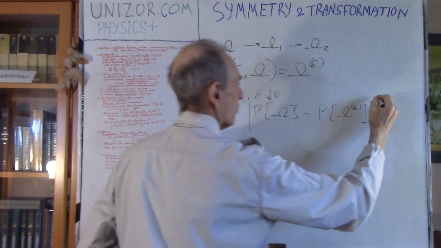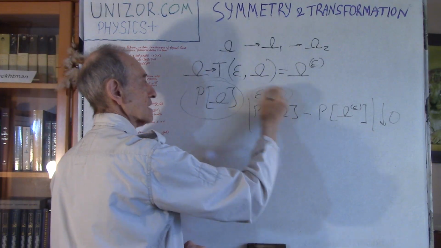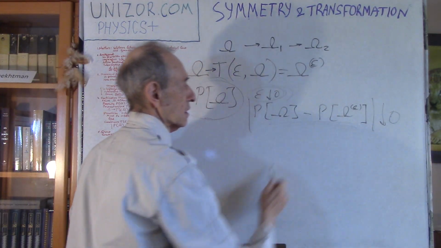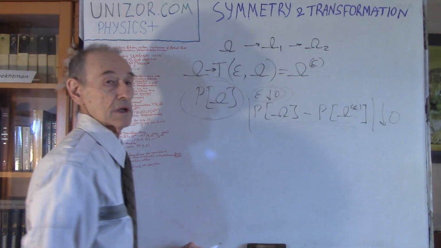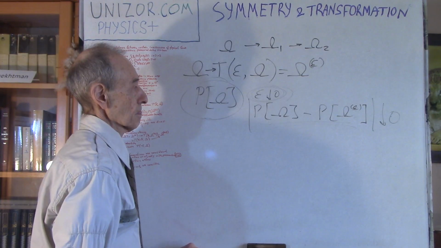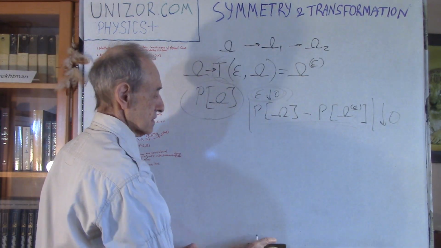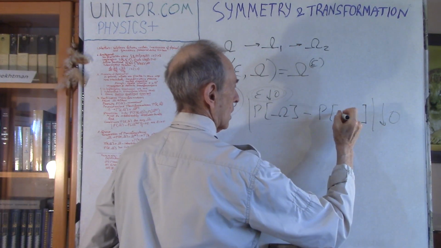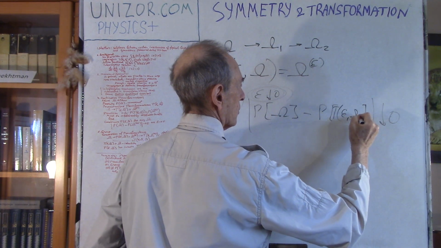They also must be small. So if this is an infinitesimal variable, then the difference in the property after the transformation using this epsilon should be infinitesimal. So the transformation T. Now instead of this I can put obviously T of epsilon comma omega.